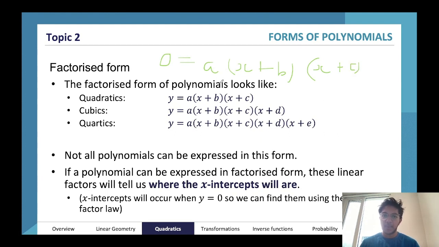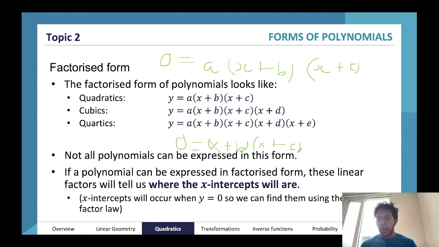We can divide both sides by a, and so we'll get 0 is equal to (x plus b) times (x plus c).